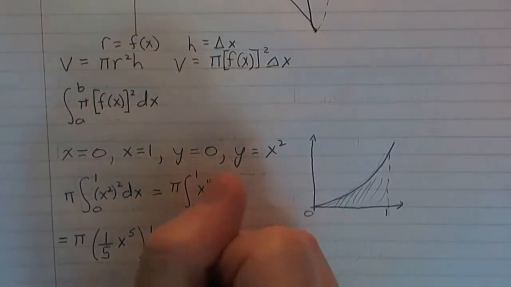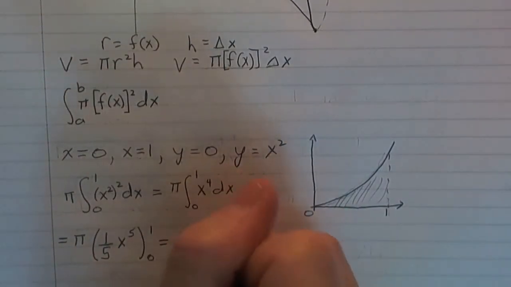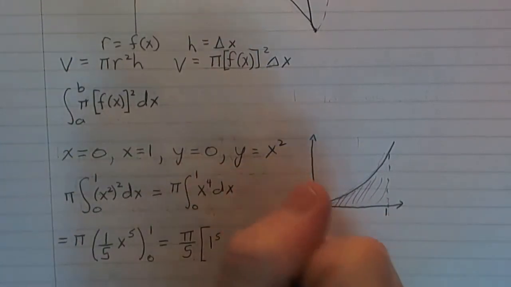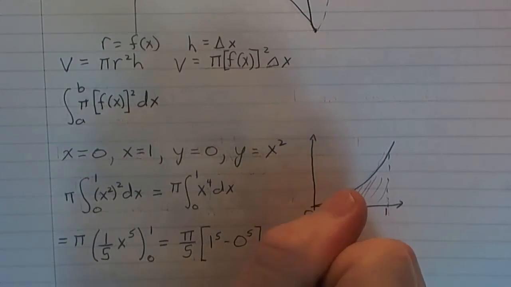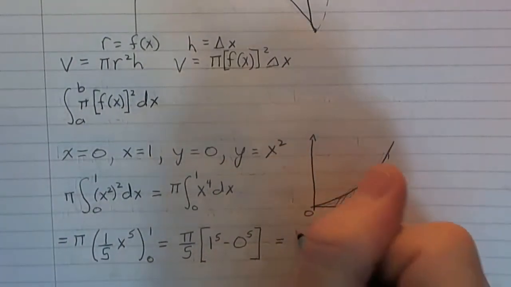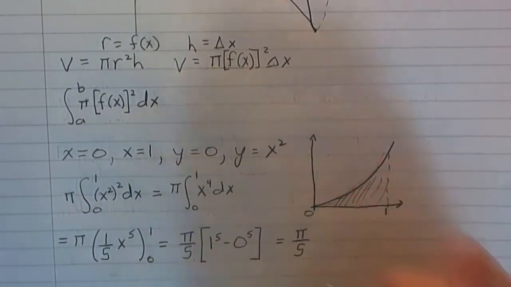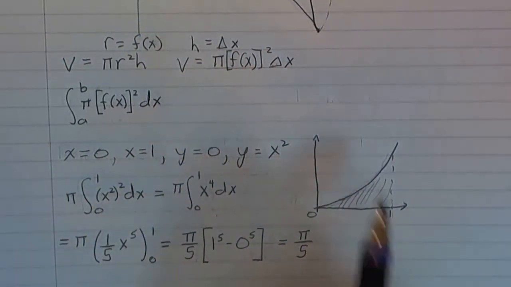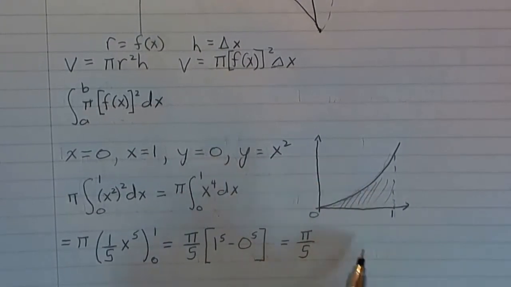So let's see how that works. We've got pi over 5, and this is going to be 1 to the 5th minus 0 to the 5th. And of course, that's just going to be pi over 5. So that's how we find the volume of that solid, this region here, when it's revolved about the x-axis.